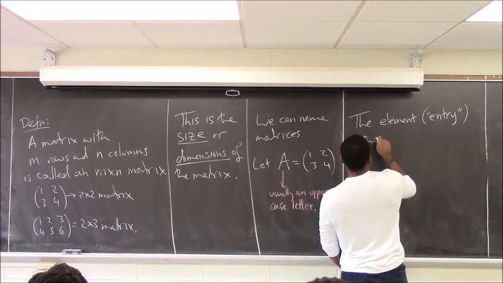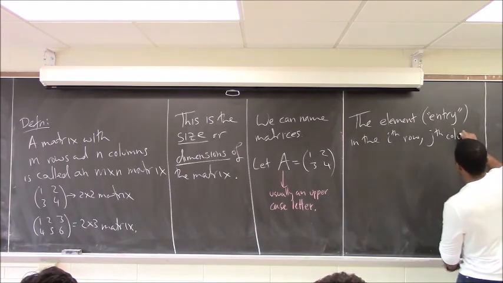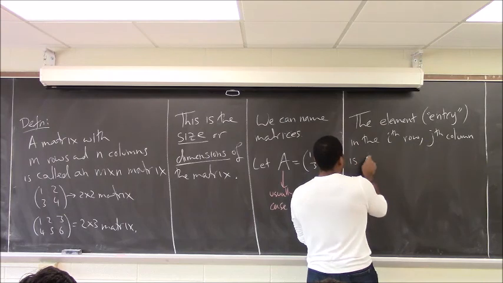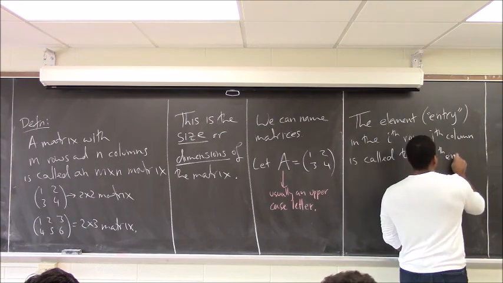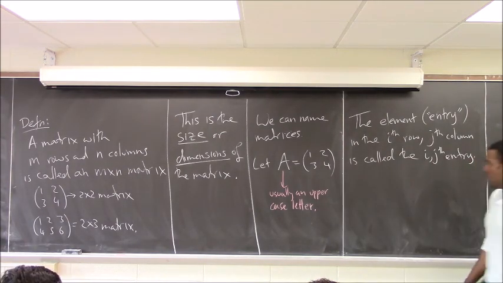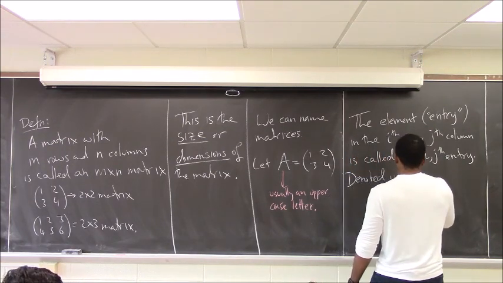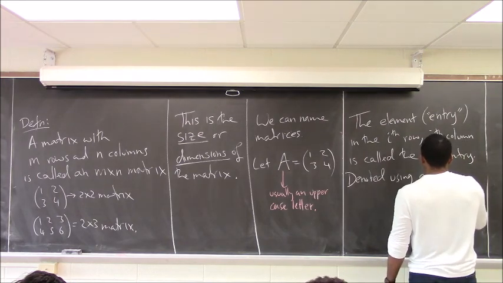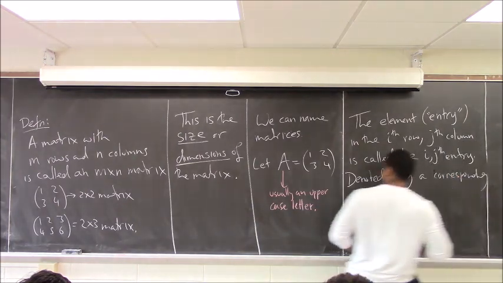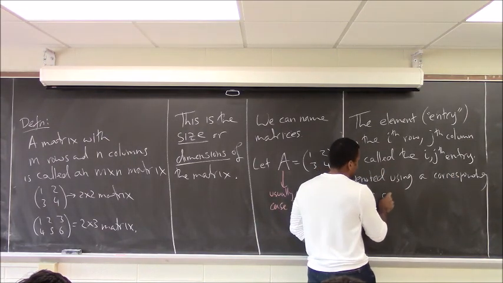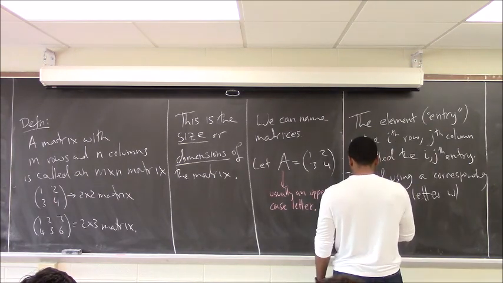The element in the ith row, jth column is called the ijth entry, and denoted using a corresponding lowercase letter with subscripts.